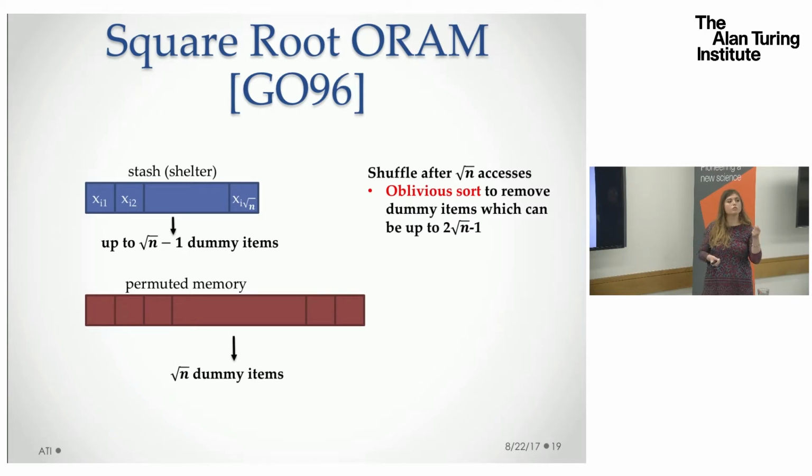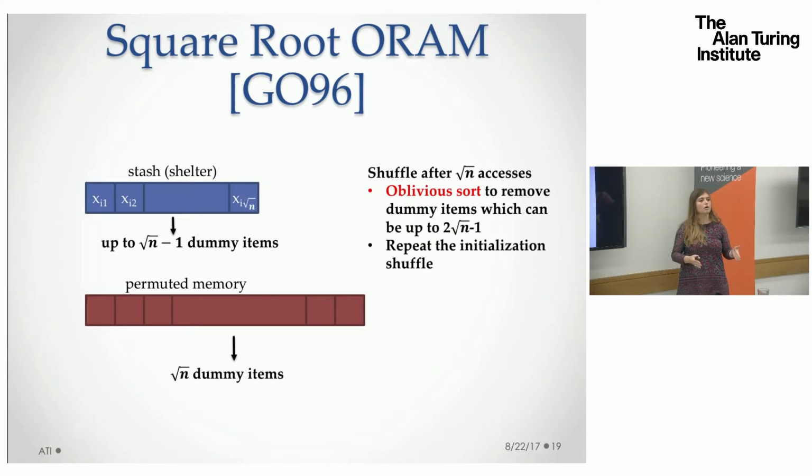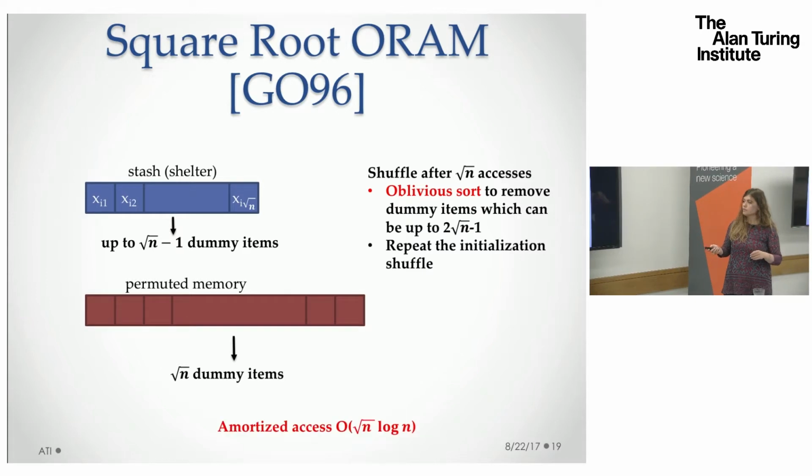And you need only square root of n if you want to initialize the main memory. So you do an oblivious sort to push them out. And then you're ready to repeat the initialization step. As a result of this, the amortized access for a square root ORAM that counts the initialization and the accesses is O of square root of n times log n.